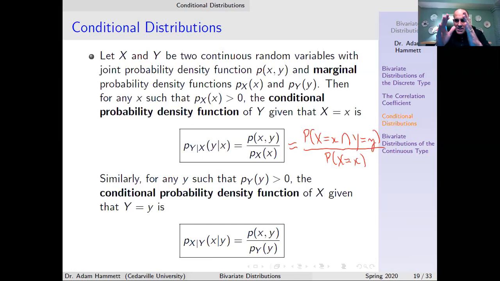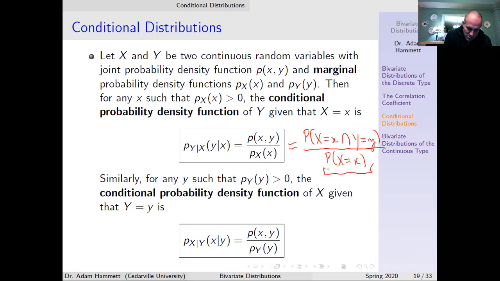So we've zoomed into the sample space to the place where capital X equals little x. That's our new sample space. That's why we divide by the probability that X is equal to little x. Whatever the probability of big Y being equal to little y was before, we no longer can look at all outcomes where that happens. We need to look at only those where X is equal to little x.